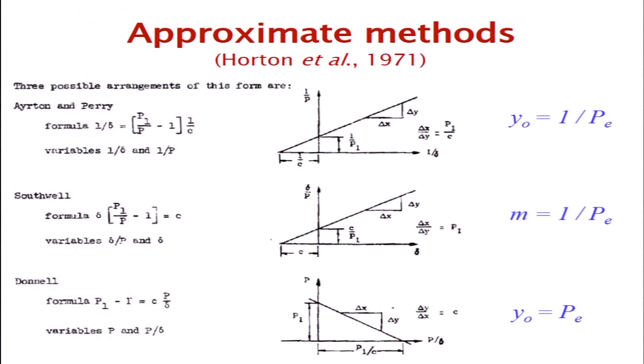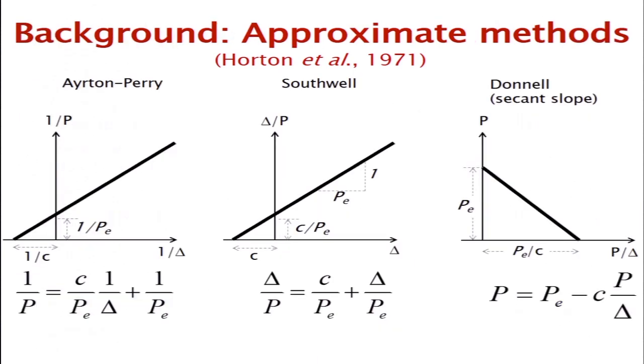For example, in the Ayrton-Perry formulation, this distance along the abscissa is the inverse of the buckling load, okay? Here, it's the buckling load itself divided by a constant, which is the slope, and the Donnell formula is basically the inverse of the Southwell plot. But if you look at these, they're basically the same thing, okay?